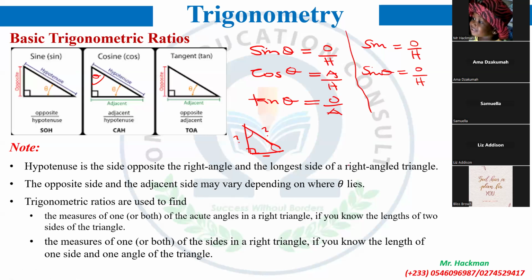And if I have this situation where I have a right-angled triangle, let me go strictly by the measures of one or both of the acute angles. So in this case, I have this acute angle known. Let's say X, this is Y. If I know these two angles, I'm in the best position to find the size of the triangle.